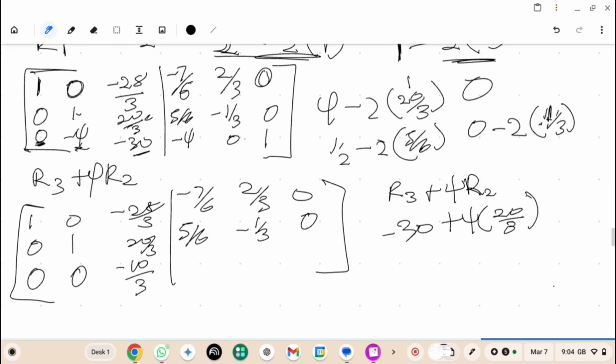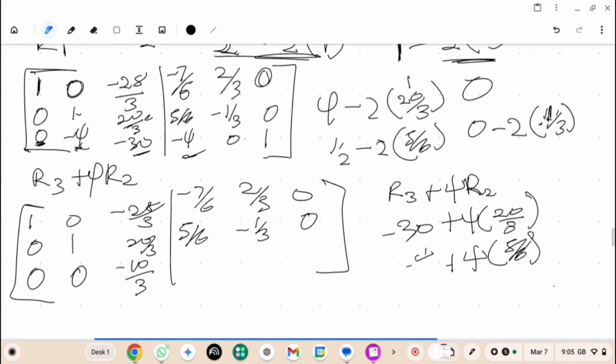We do the same thing here. Row 3, which is negative 4, plus 4 row 2, just 5 on 6. You get negative 2 on 3. Negative 2 on 3.